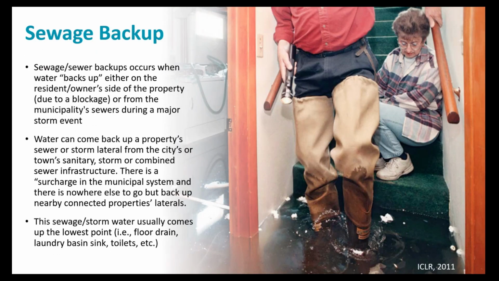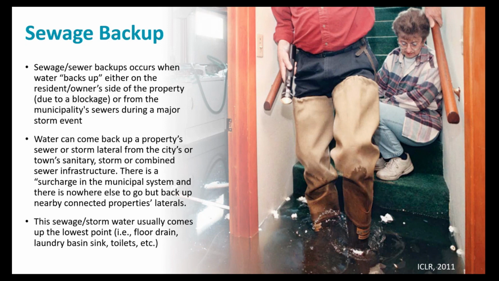There's also sewage backups. Sewage or sewer backups occur when water backs up either on the residence or owner side of the property due to a blockage, which can be caused by root intrusion from nearby trees or fats, oil, and grease, also known as FOG, that's being flushed down that system, or from a municipality's sewer side during a major storm event.